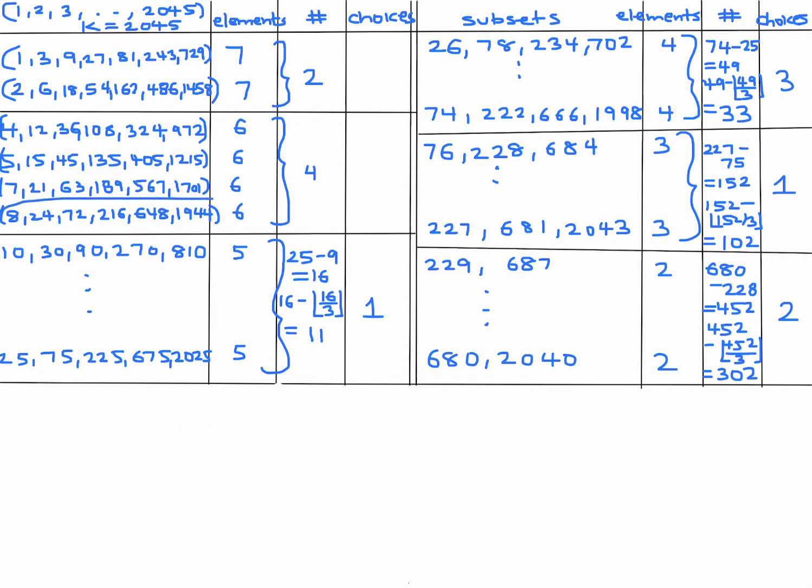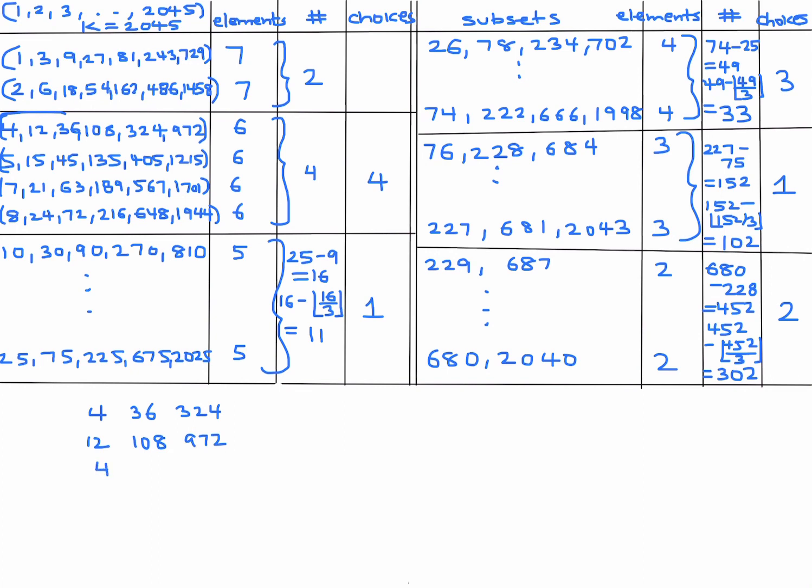If there's 6, well, there's going to be a little bit more complicated. So let's explain with that one. If there's 6 elements, there are 4 ways of choosing. So for example, you can use 4, 36, 324. You can use 12, 108, 972.